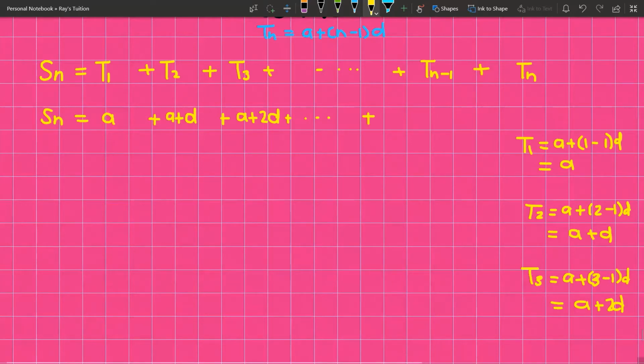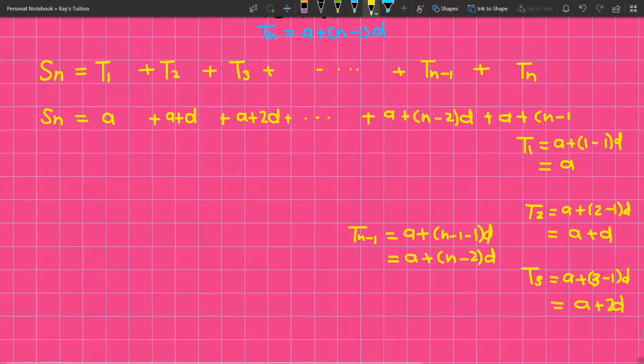For Tn minus 1, we substitute n minus 1, so Tn minus 1 is a plus n minus 2 times d. And finally, Tn has to follow the general formula, so it's a plus n minus 1 times d.